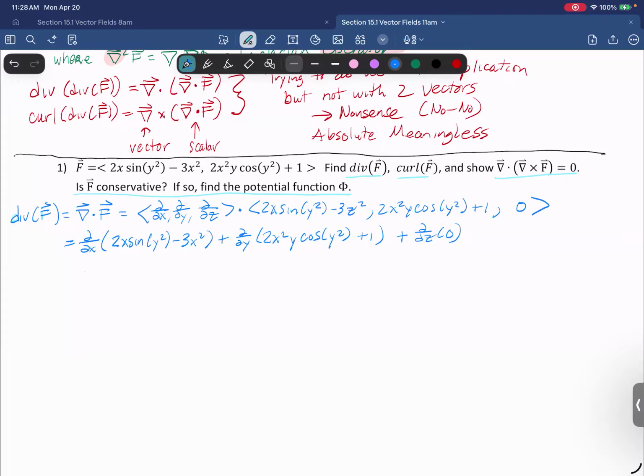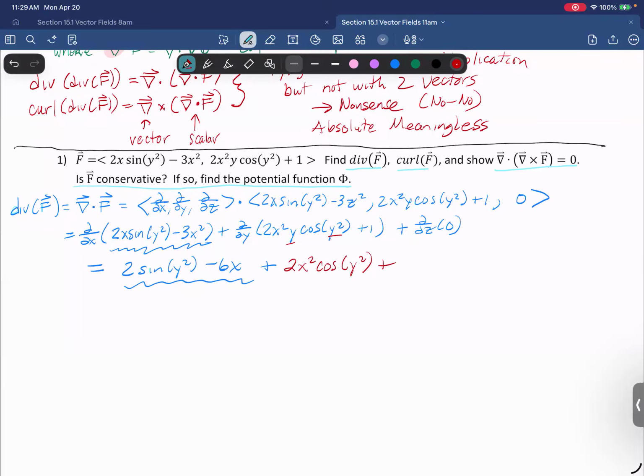All right. What do we get when we do this? That looks like a 2 sine y squared minus 6x. That's my component there. And then plus, we got 2 y's here, so this is going to be a product rule. I got 2x squared cosine y squared.